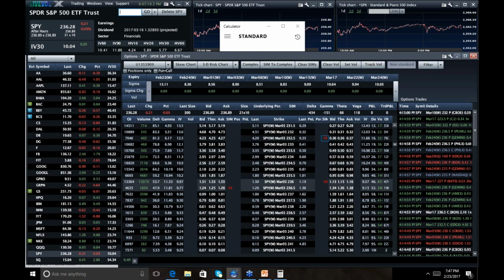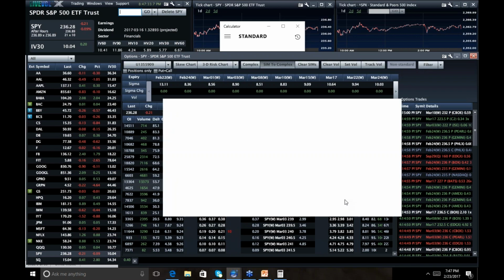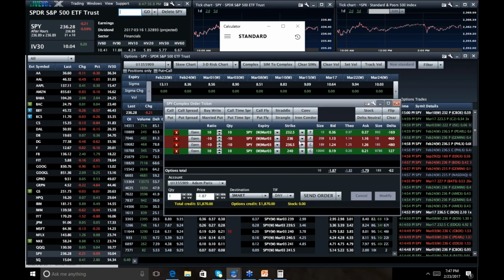And this would be 240, because 236.5 plus 3.5 is going to be 240. So then there's my butterfly. It's 3.5 points wide. That's also split strike, and I collect about $1.83 on it.